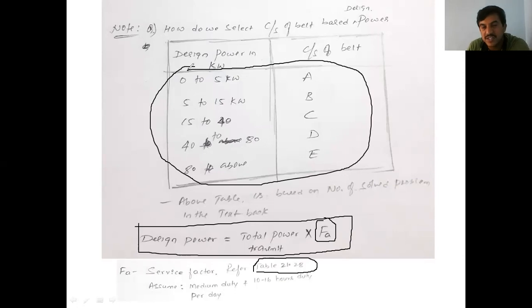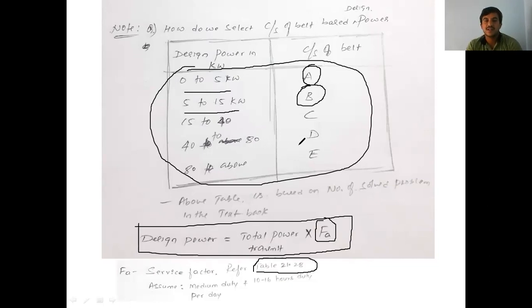So when do we use this step? When the diameter of the smaller pulley is not given, or we are unable to determine it, or the data is insufficient to determine the diameter of the smaller pulley, then you use these power ratings. From 0 to 5 kilowatt of power transmitted, use an A cross section belt. 5 to 15 kilowatt, go for B cross section.